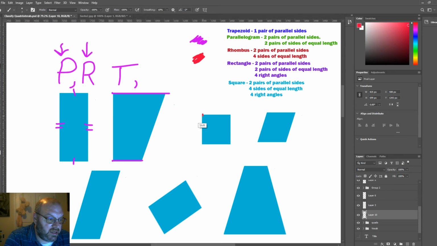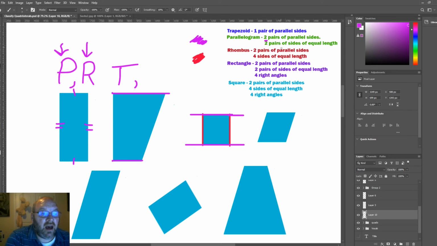So that's one pair of parallel sides. This is another pair of parallel sides. Right? So the purple are parallel, the red are parallel. So we have two pairs of parallel sides.